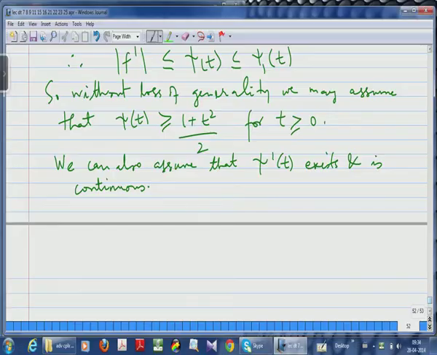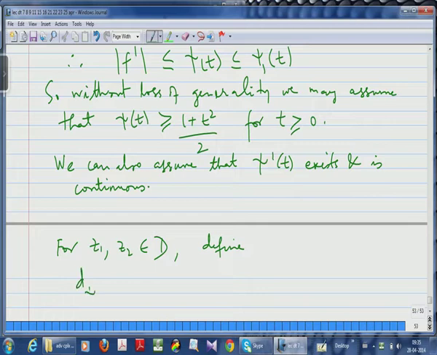So what you do is, for z1, z2 in the domain, define d psi of z1, z2 to be equal to the infimum of the integral from z1 to z2 along any smooth path, or even a piecewise smooth path, a contour.